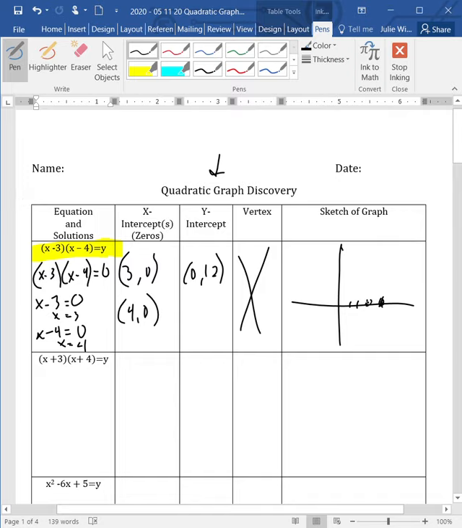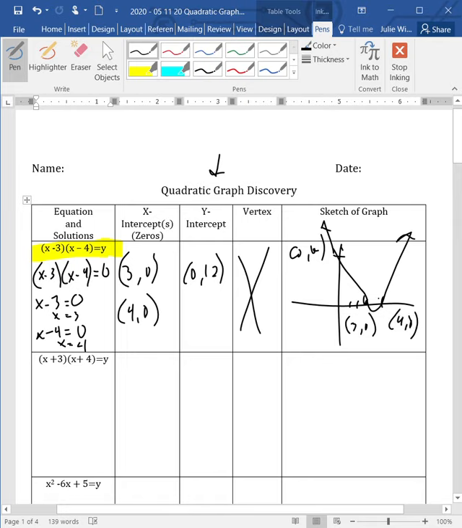One's going to be at 4, 0, and then I'm just going to label this, make it easier. So 0, 12. So all right, so we know it's going through. It's not a pretty parabola at all, but the Desmos one can show you what it really looks like. Okay, let's go ahead and label these x-intercepts, 3, 0 and 4, 0, so we don't forget.